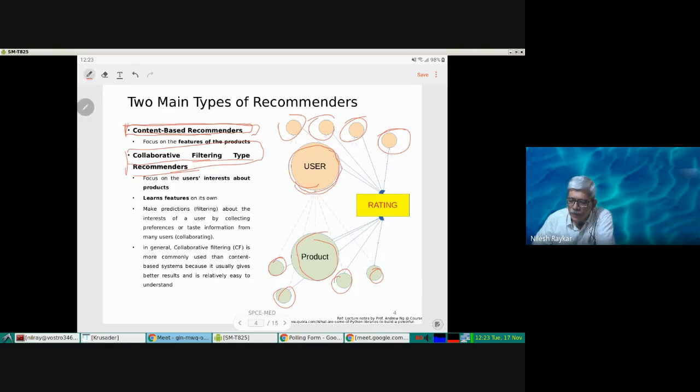So that is one information, and second information is about the products. So products themselves have different features. So let's take one concrete example, let's say Amazon book section. So if you are trying to buy a book, the book can be of different types. So it may be romance, it may be fiction, it may be fantasy, and so on. So these are known as product features.